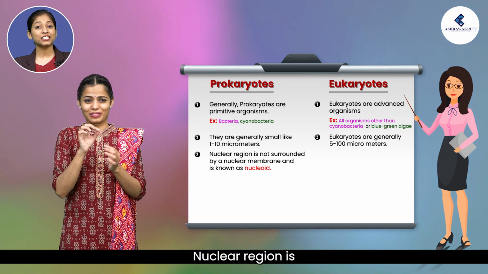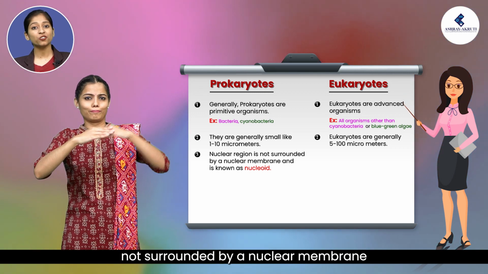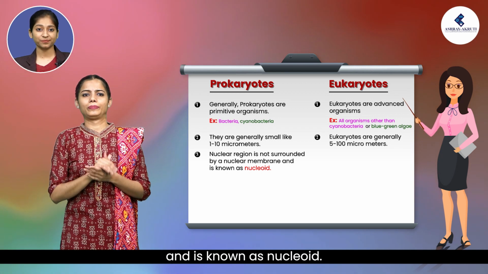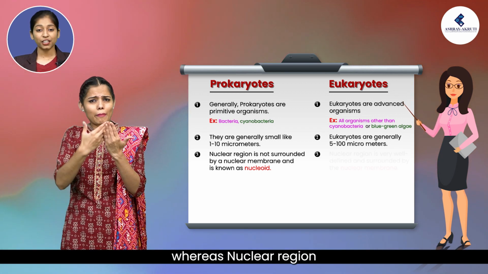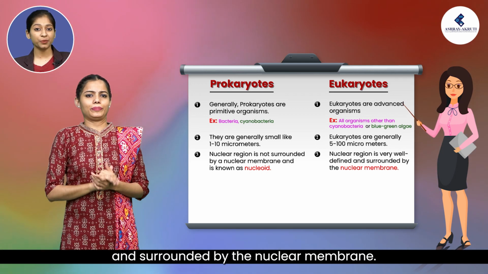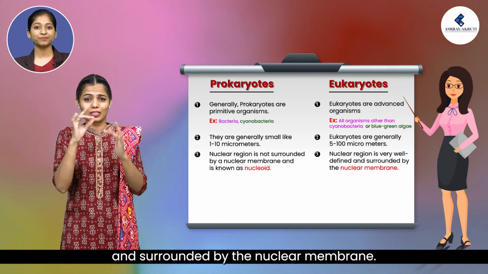In prokaryotes, the nuclear region is not surrounded by a nuclear membrane and is known as the nucleoid. Whereas in eukaryotes, the nuclear region is very well defined and surrounded by the nuclear membrane.